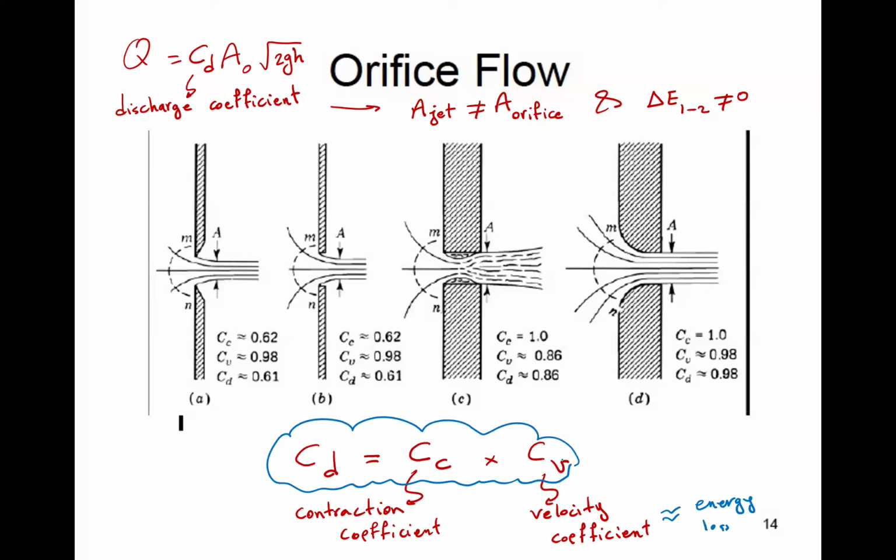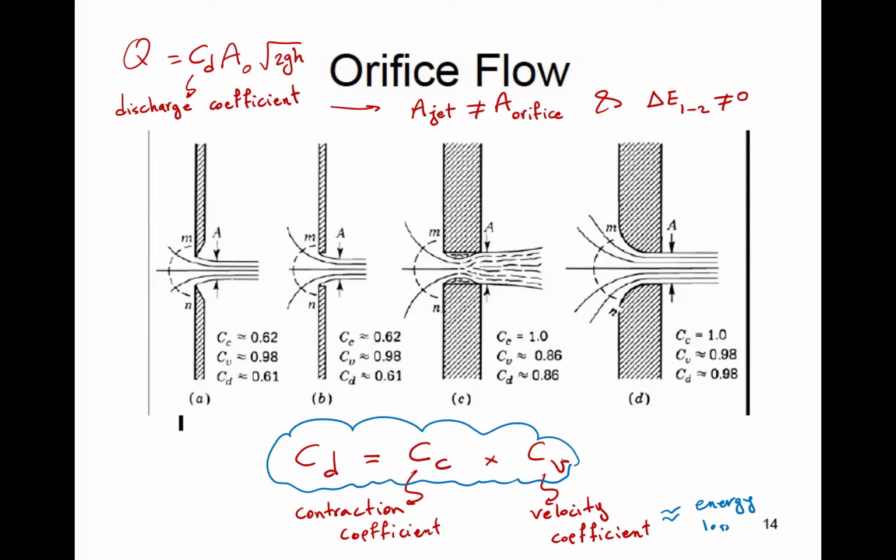Now, this diagram we have up there is showing 4 cases. Going from left to right, you have a typical very thin plate as the orifice. Your contraction coefficient is 0.62. 0.6, 0.65 is a typical value, so very common. You get 0.6 something.